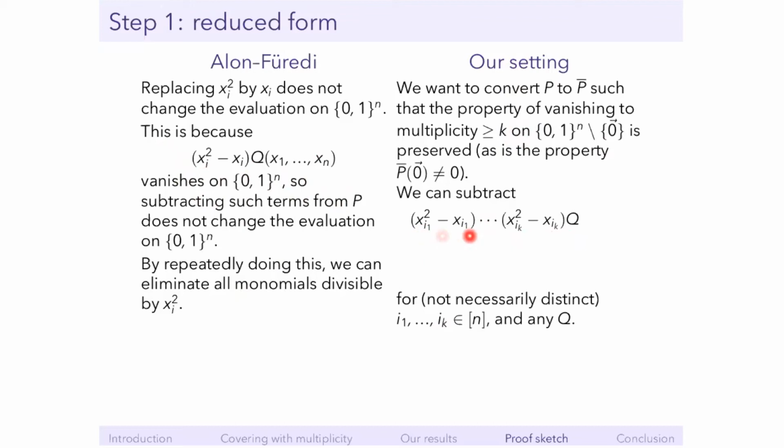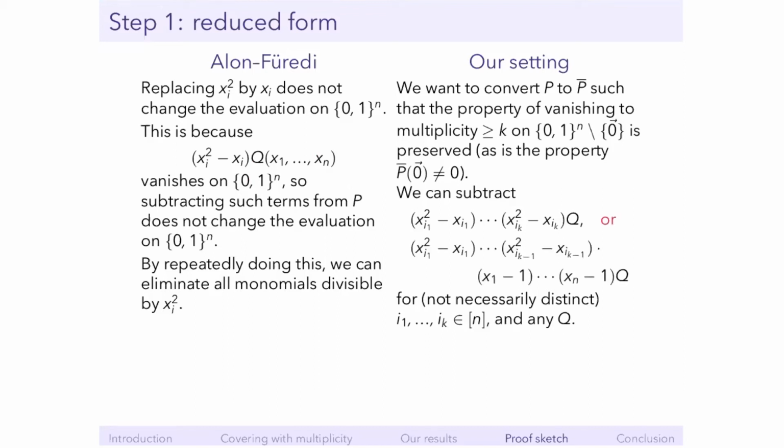The reason is that this thing vanishes to multiplicity at least k everywhere on the hypercube. So if I subtract it from my p, I won't be destroying either the property of vanishing to multiplicity at least k outside the origin, nor destroying the evaluation at the origin. So that's one gadget I can subtract.